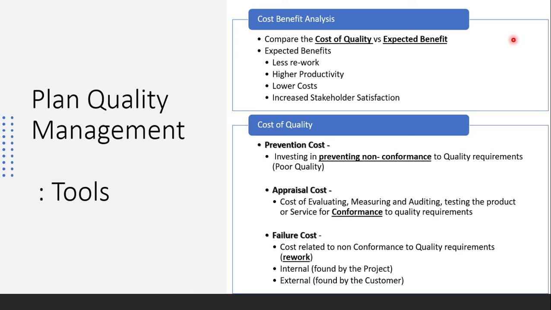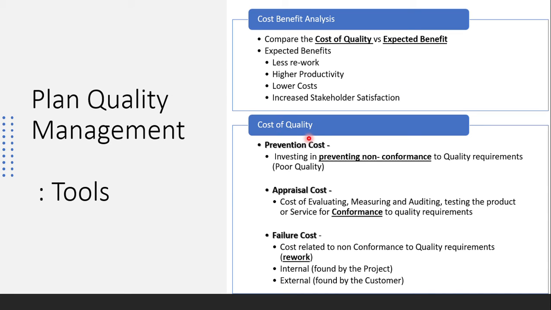Expected benefits can come from less reworking if you're adhering to quality standards, because as I told you, maybe the user acceptance will fail if the quality standards are not met. So less rework, then high productivity, low cost. Definitely overall, if you maintain quality of your product, there can be low cost in maintenance, low cost in warranty periods that you give to your customer, and obviously increased stakeholder satisfaction.